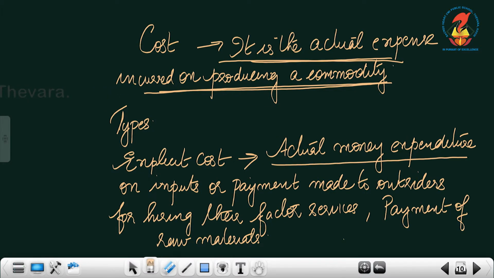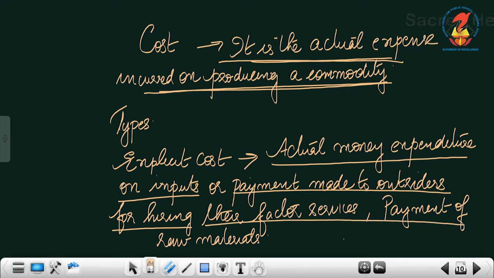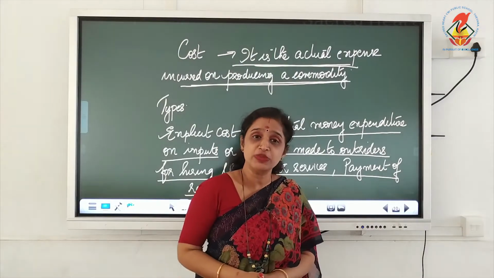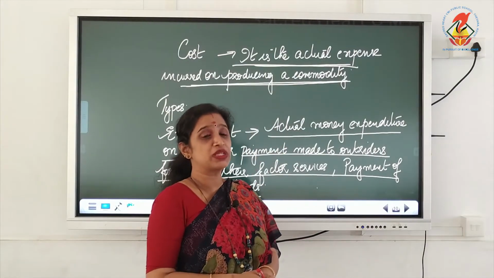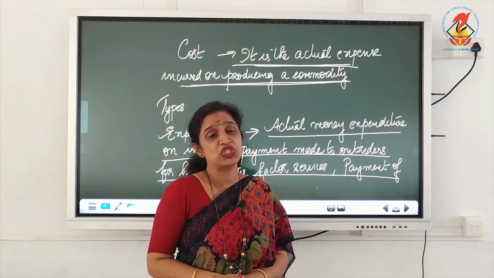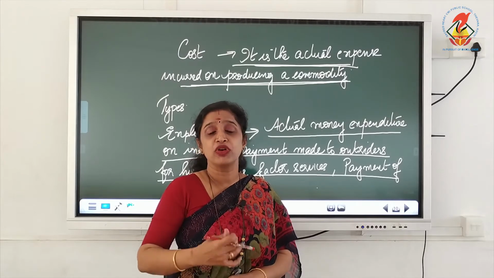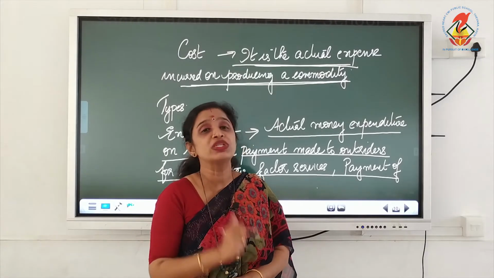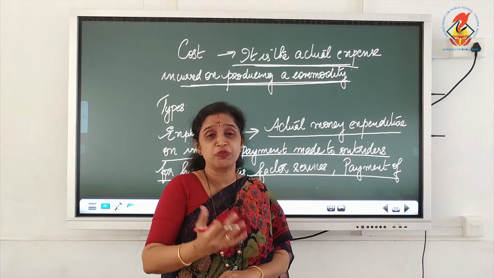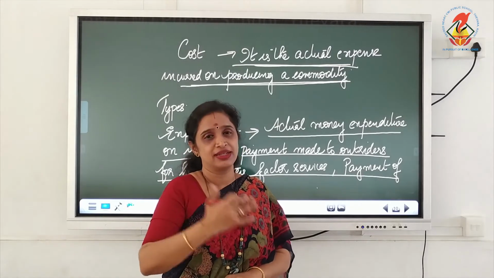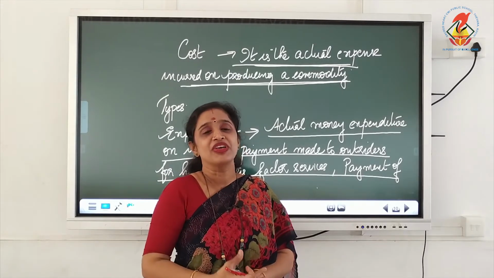Explicit cost is the actual money expenditure on inputs or payment made to the outsiders for hiring their factor services, payment for raw materials. So, what is meant by explicit cost? Explicit cost means the cost which we give for the service provided by the outsiders. The actual money expense we pay to the outsiders for the supply of their service.